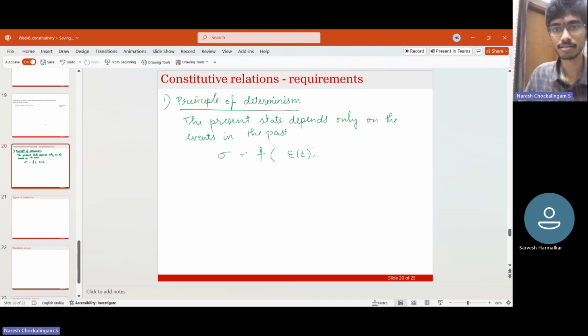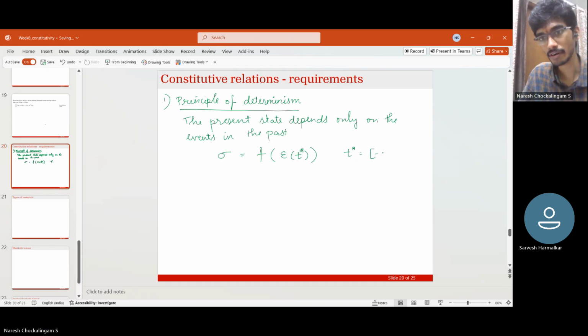So this can only depend on the strain at time t star, where t star is everything from minus infinity to the current time.